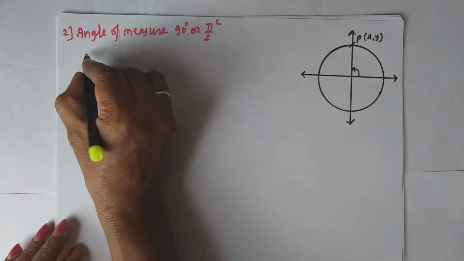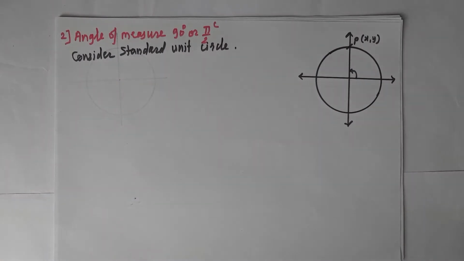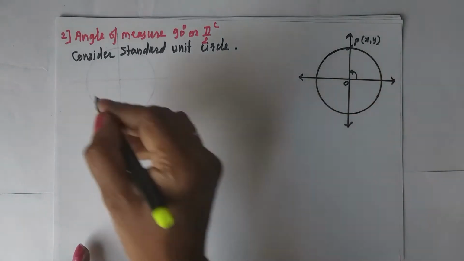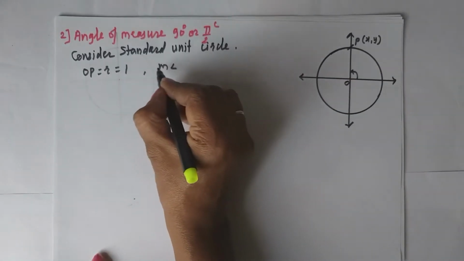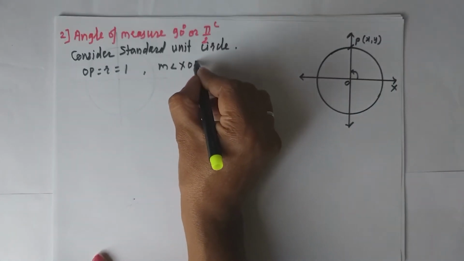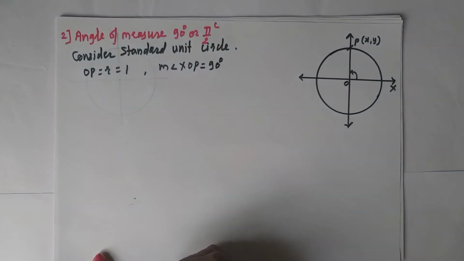You write down again: in each and every case, we are considering standard unit circle. Means this OP radius is again 1 and measure angle XOP here is 90 degree, or you can write pi by 2 radians.